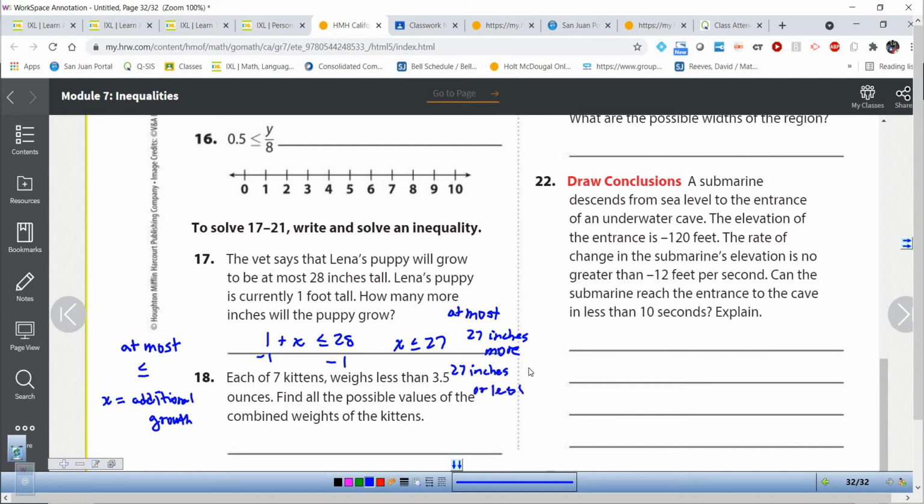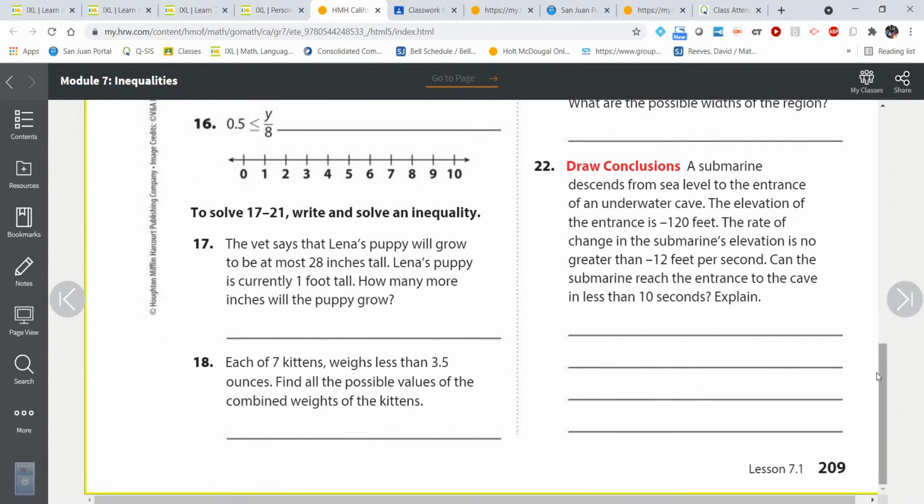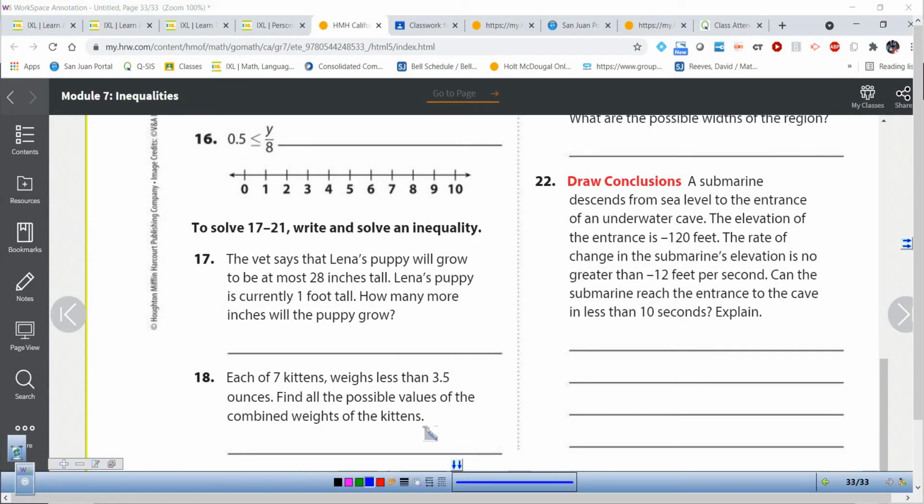All right. Okay. Each of 7 kittens weighs less than 3.5 ounces. Find all the possible values of the combined weights of the kittens. So each kitten weighs less than 3.5. So 7 times 3.5, right?